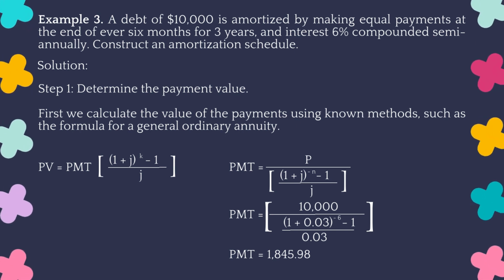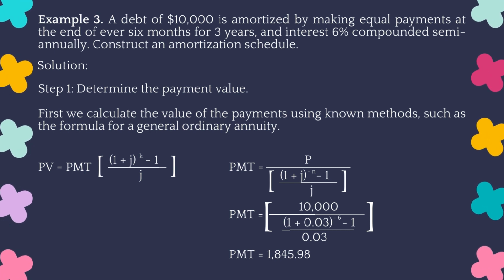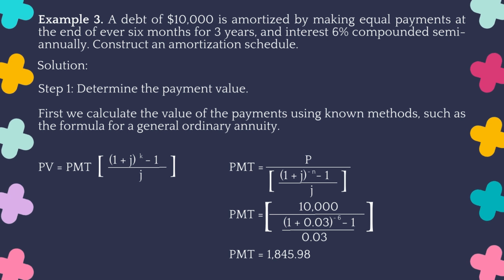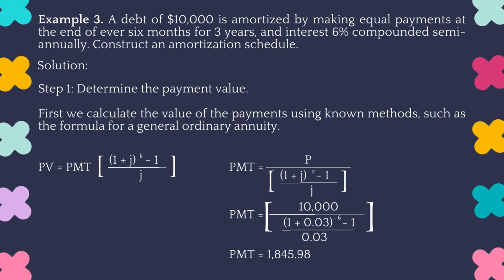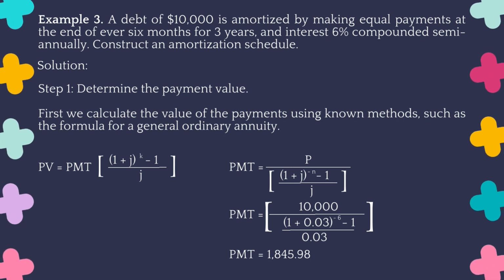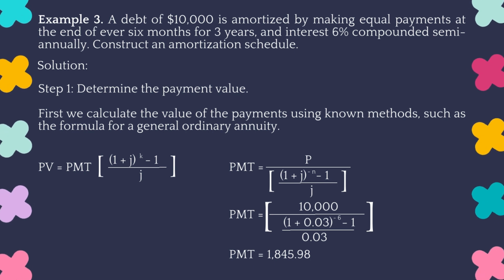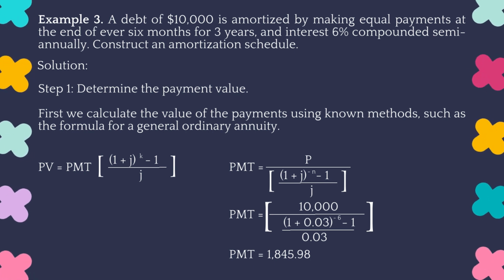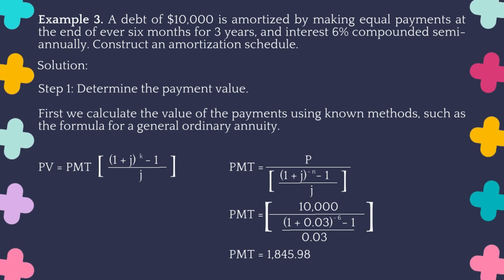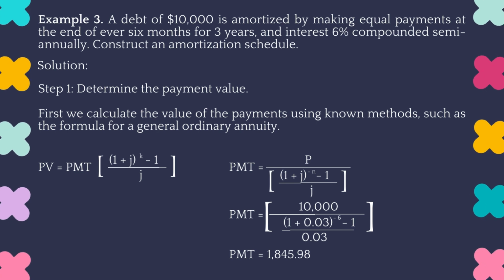So, as you can see here, this is the formula of ordinary annuity. So the formula that we're going to use to get the PMT is P over 1 plus J to the power of negative K minus 1 over J, where P is the principal value, which is the $10,000, over 1 plus 0.03, which is the interest rate per annum divided by the number of period per year, to the power of negative 6 minus 1 over 0.03.